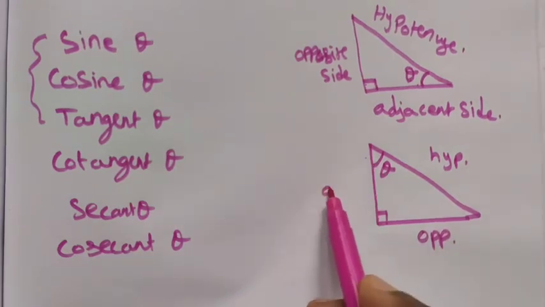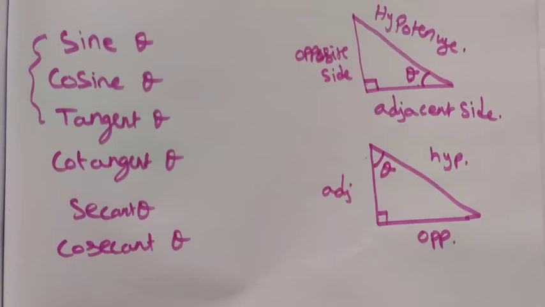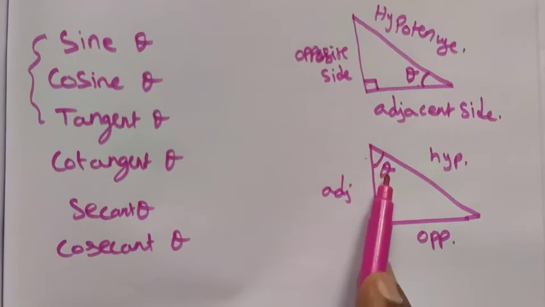Then the remaining one is the adjacent. So based on the angles, the opposite and adjacent are only interchanged. Opposite and adjacent sides are decided only based on the angles. Next we see the ratios of this.